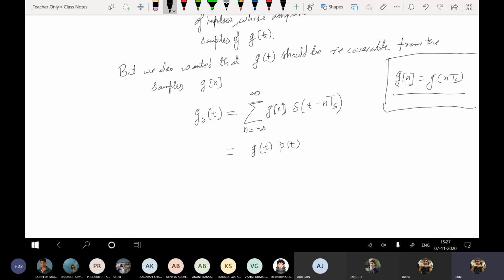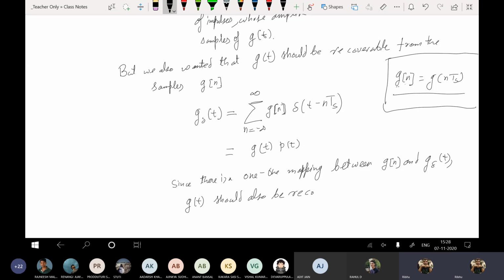Since there is a one-to-one mapping between g[n] and g delta(t), g(t) should also be recoverable from g[n].